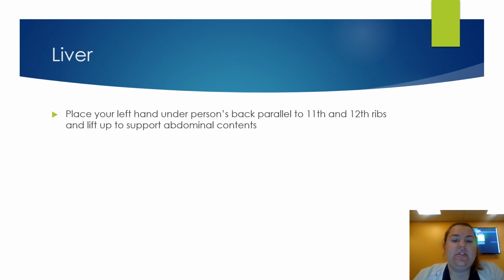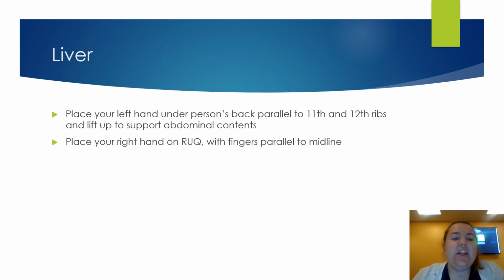The liver. This is more, again, of an experience practice, but I want you guys to practice it. You're going to place your left hand under your person's back, to the 10th to 12th ribs, and lift up to support the abdominal contents. Then you place your right hand on their right upper quadrant, with the fingers parallel to midline.